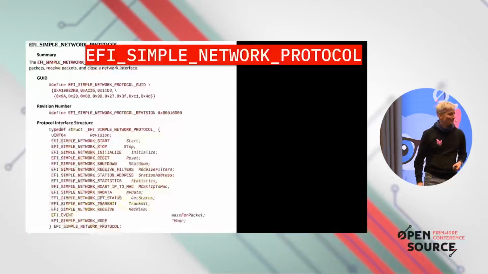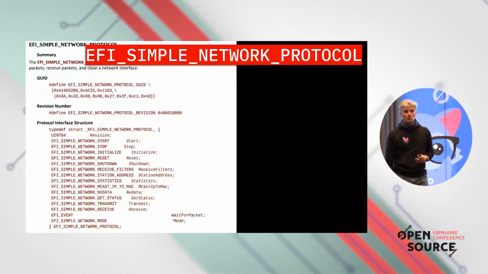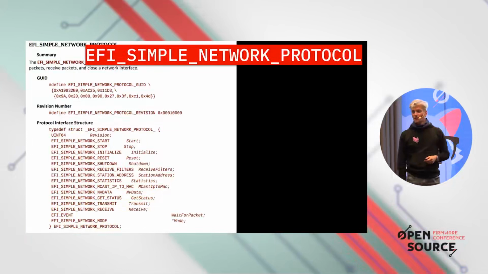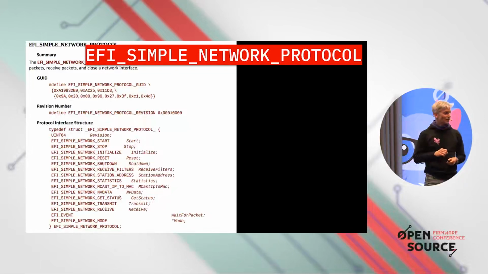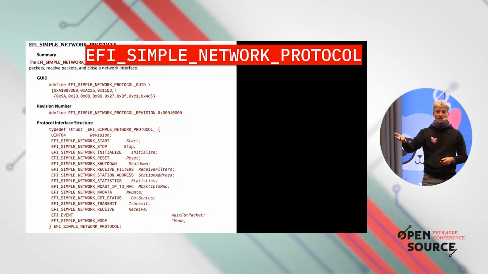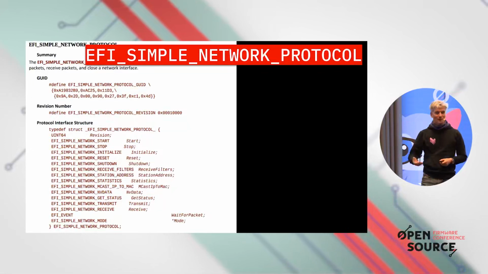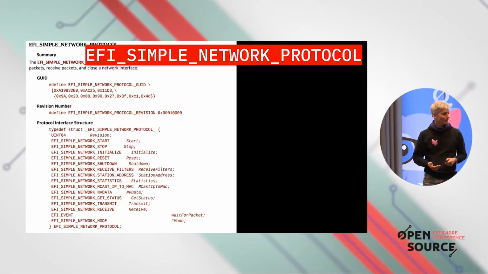So one of the first protocols that we wrap is the simple network. And this is a very straightforward blocking device driver that says, here's a packet, please put it on the wire, or do you have any packets for me?